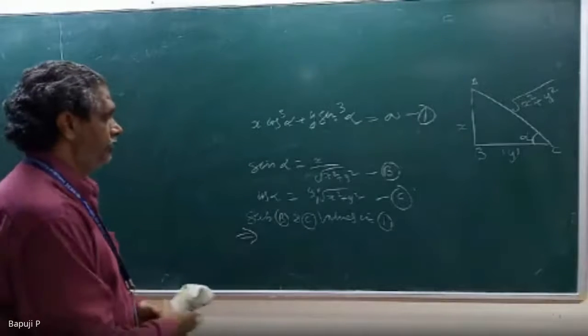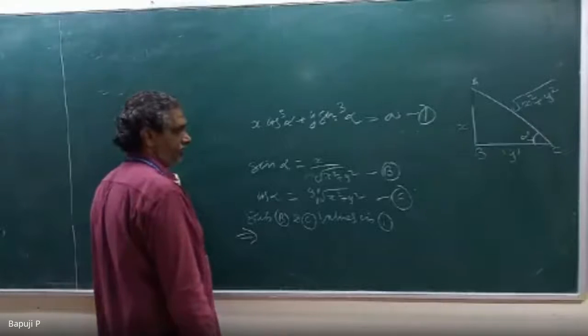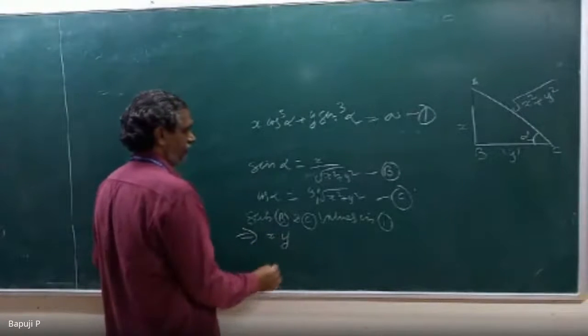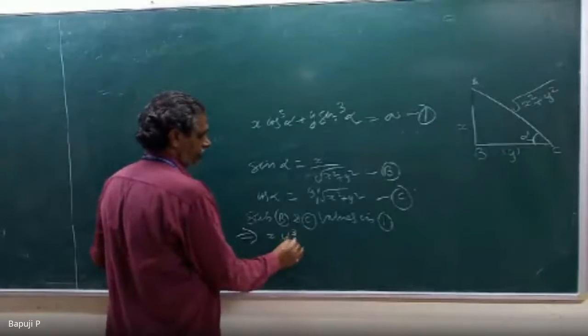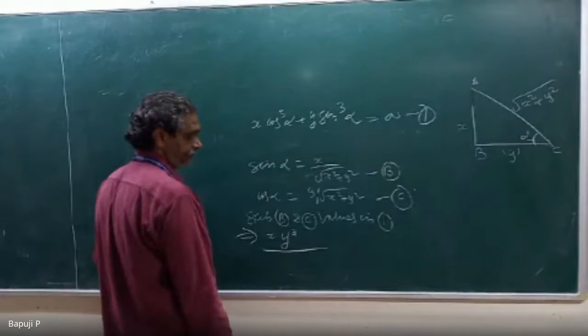So what will you get? Wait, don't go here. You are very fast. xy cube by this fellow is what? x square plus y square whole power 3 by 2.